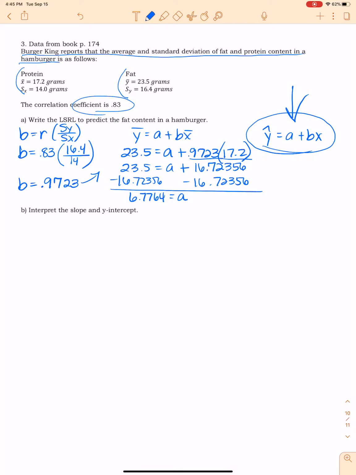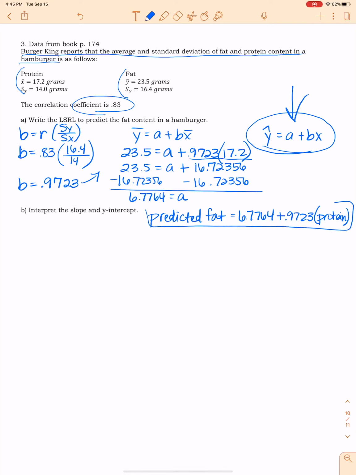All right, so now I'm going to write my LSRL. I now have used the information I was given to find my slope and my y-intercept. So now in context, I'm going to write my predicted fat equals my y-intercept plus my slope times protein.